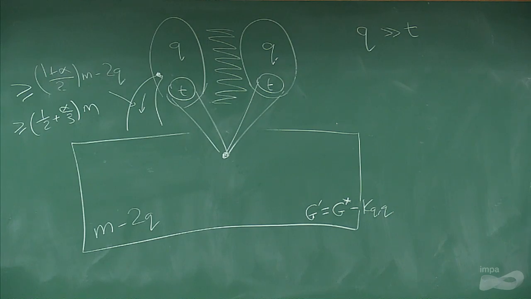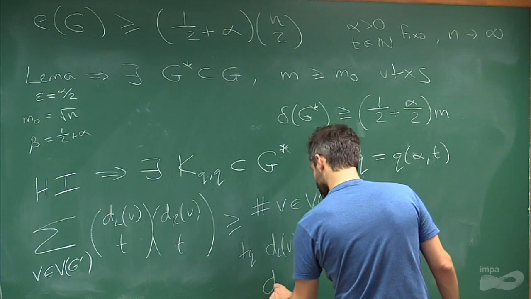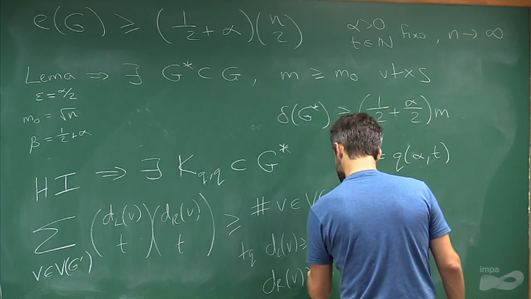We just care that they're both at least t. So it's at least the number of vertices of G' such that degree left of v is at least t and the degree right of v is at least t.